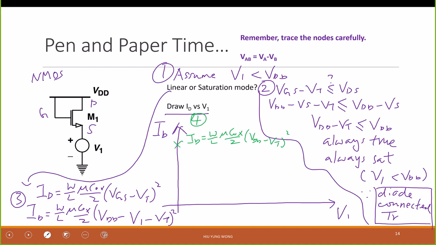And eventually, when V1 equals VDD minus VT, the whole term becomes 0. I can do the same thing for others, but here I just want to sketch. This is what you will get.